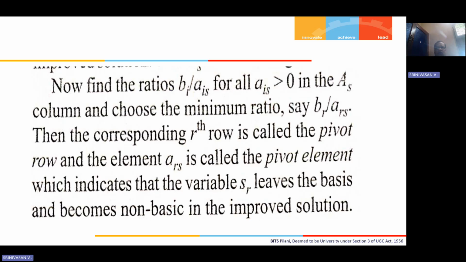So you may have 2 or 3 values in the ratio column by dividing the constant by the corresponding coefficients. Then let us say here Br by Ars. Br is the constant and Ars is the positive coefficient by which we have divided. Supposing we have 2 or 3 ratios, you choose the minimum ratio. Suppose the minimum ratio obtained is Br divided by Ars.